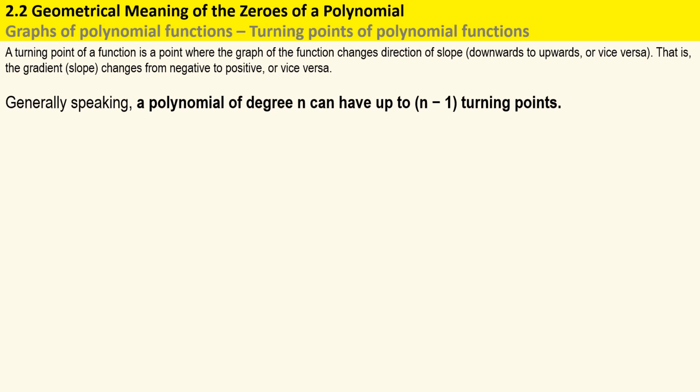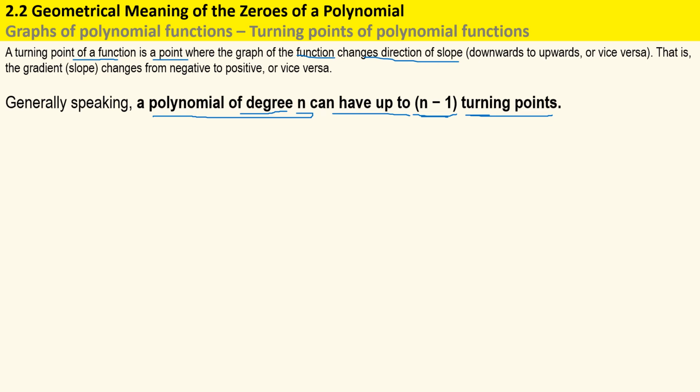Now let's talk briefly about the turning points in the polynomials. Generally speaking, a polynomial of degree n can have up to n minus 1 turning points. So if a polynomial has degree 4, it can have up to 4 minus 1, that is 3 turning points. But what are those turning points? A turning point of a function is the point where the graph of the function changes the direction of the slope.